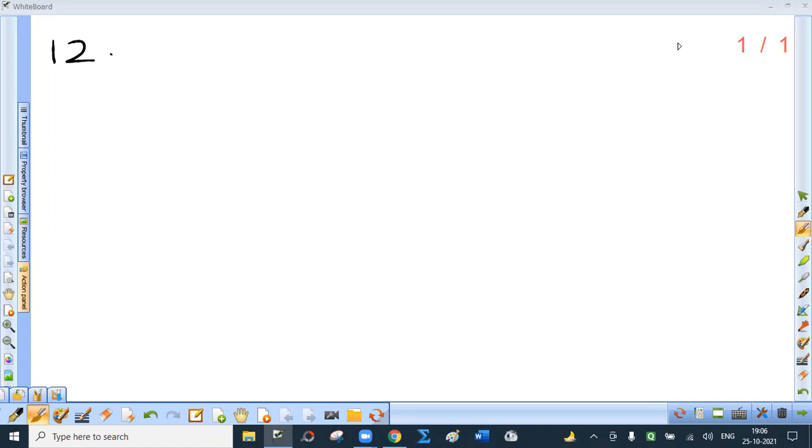Sum is: find the number of distinct numbers formed using the digits 3, 4, 5, 6, 7, 8, 9, so that odd positions are occupied by odd digits. Write down, digits are 3, 4, 5, 6, 7, 8, 9.